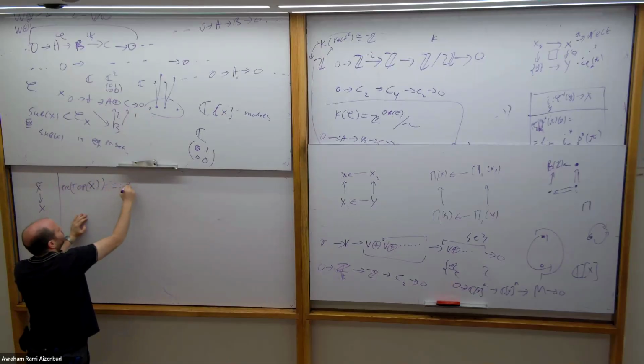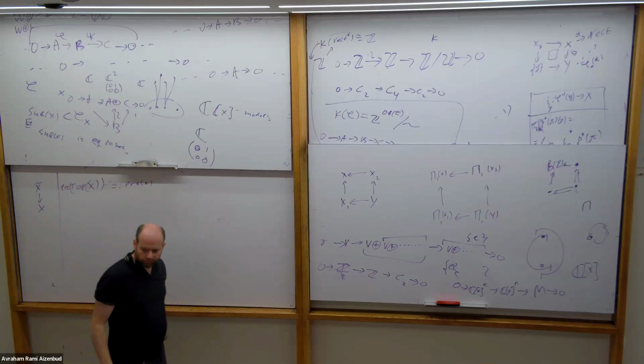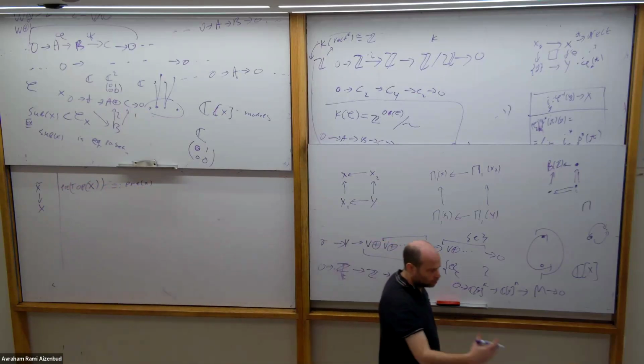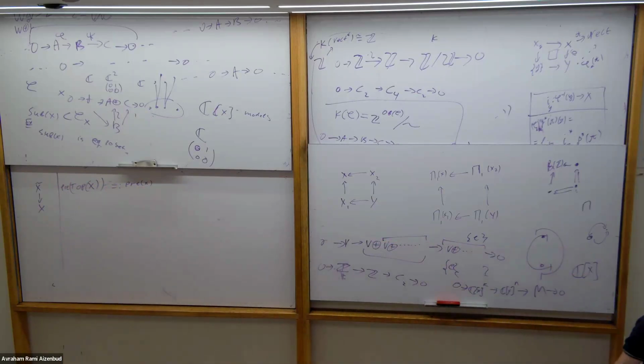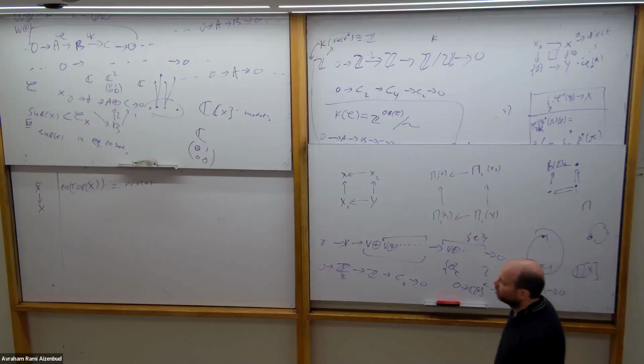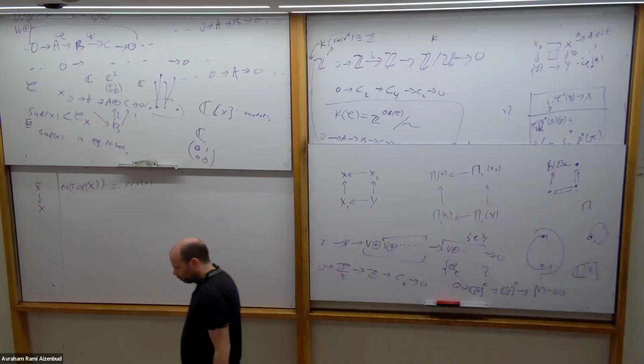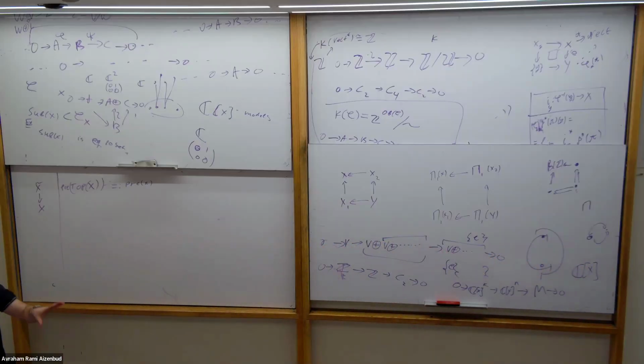So this will be my definition for a presheaf. For each open set, we need to give some set, which we will call the sections of the sheaf over this open set.